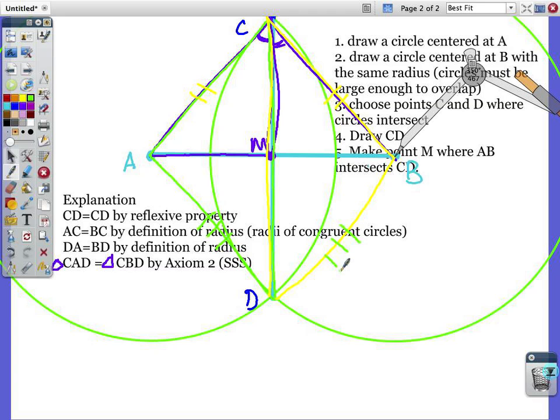And then we proved that the middle is congruent to itself. So now that we have two triangles that are congruent, tell me which angles are congruent. Angle ACM is congruent to angle BCM. Yes, ma'am. What else is congruent?